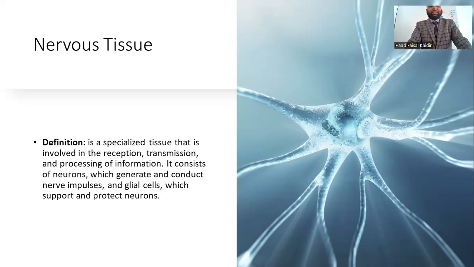The nervous tissue consists of neurons, which generate and conduct nerve impulses, and glial cells, which support and protect the neurons. So you have nervous cells that are able to receive neurological input, integrate it, transmit it, and generate an output.